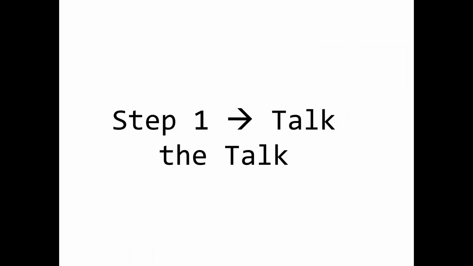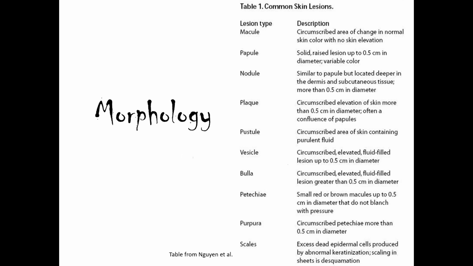The first step, when the patient comes to you, is to talk to the patient quietly and calmly, and then you should know what type of morphology he is having. I think you all know these morphologies: macule, papules, nodules, bulli, petechiae, purpura, scales.